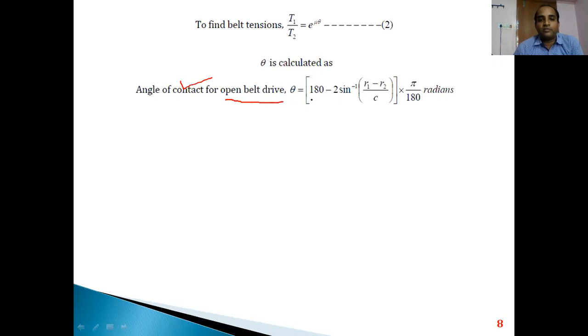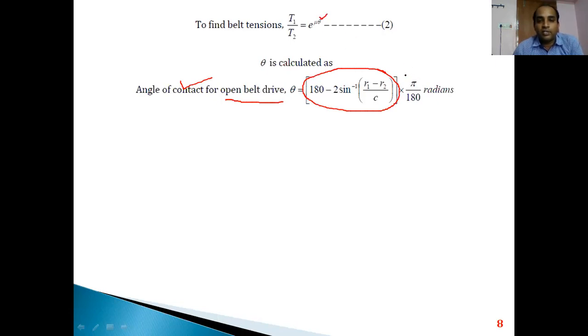So for the open belt drive case, the equation is theta is equal to 180 minus 2 sine inverse of (R1 minus R2) by C, and the resulting value you get in degrees. But as I told, for this we need to substitute the value of theta in radians.